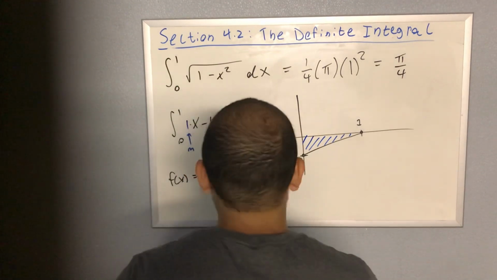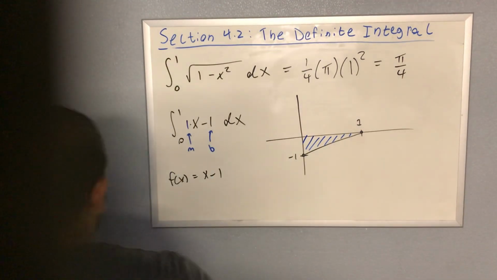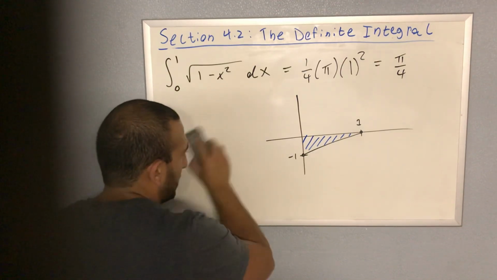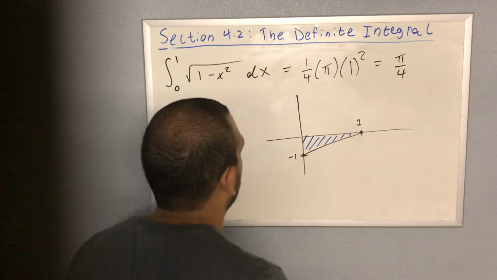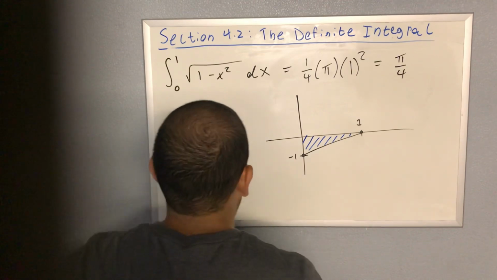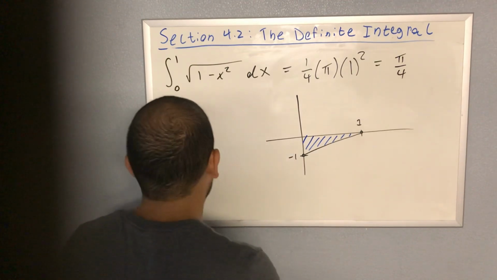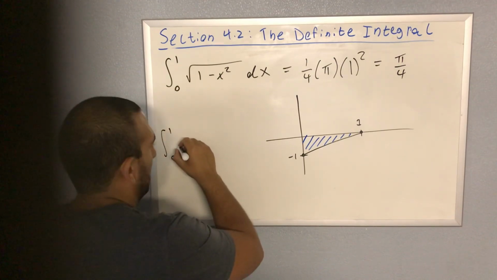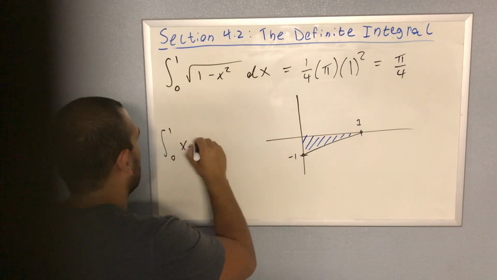Well, do we even need rectangles anymore at this point? Because this is the area of a triangle. We know how to find the area of a triangle very well. So in this case, this weird looking, daunting looking integral is not too bad actually.